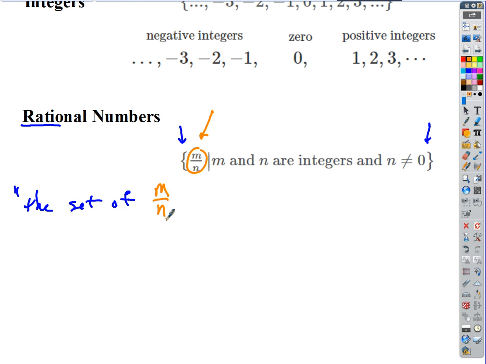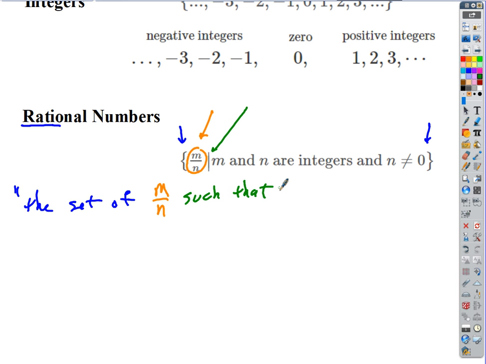Now here's another weird one. When you see a vertical bar like that in math, what does that mean? Any idea? It seems like it'd be divided by, but it's not. It's the same thing it would mean if you were doing some coding or programming. It means the set of m divided by n, and that little bar there means such that, or you could even say if.